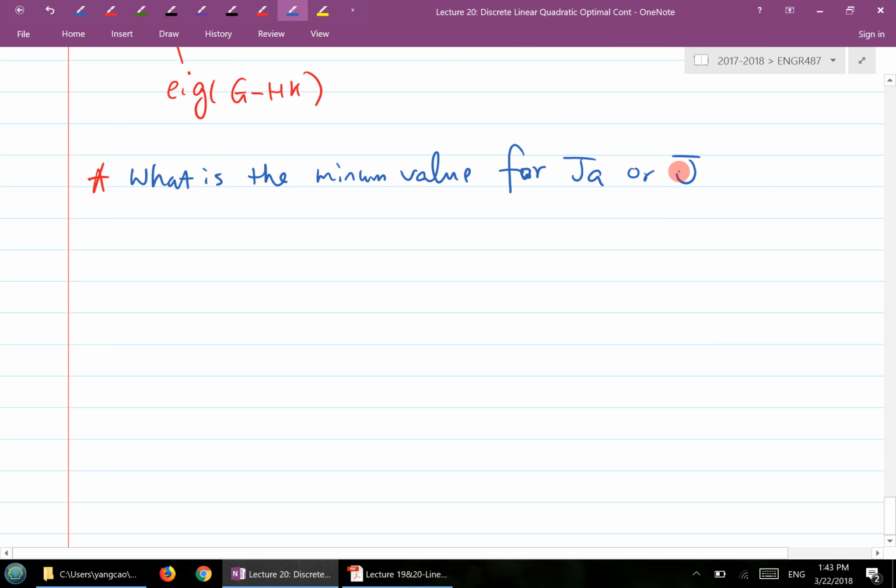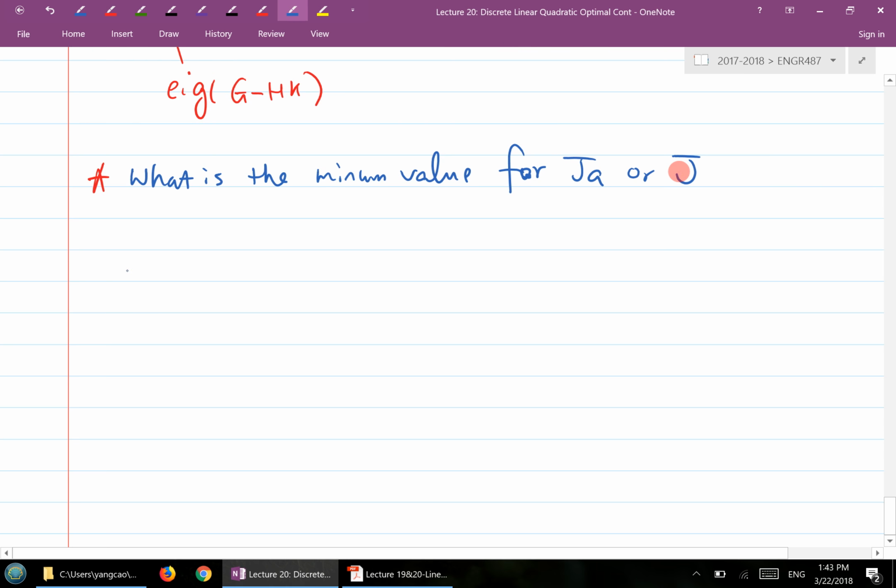I'll skip some steps here, so you can take a look at my lecture notes for this portion. Bottom line is, it's still manipulations of equation 3 and equation 1 to end up with the minimum value.